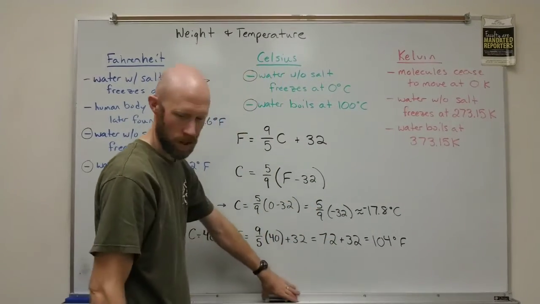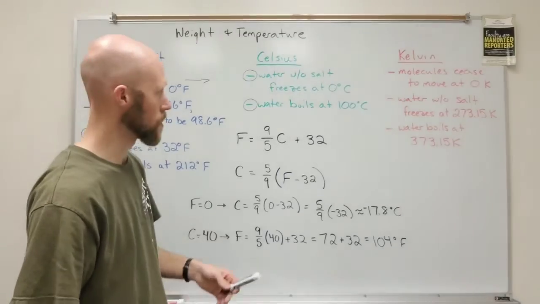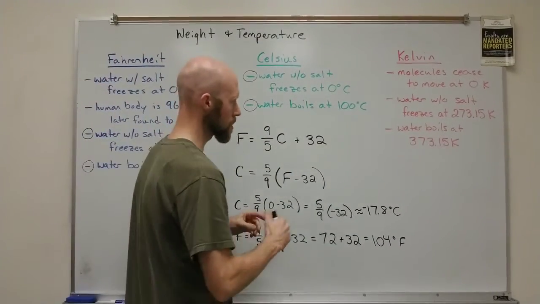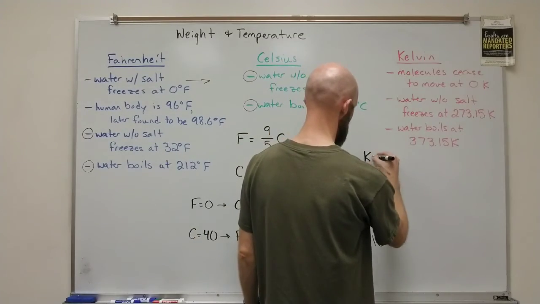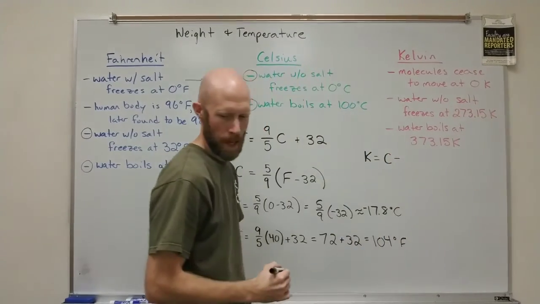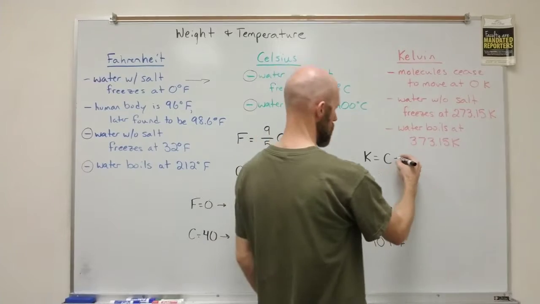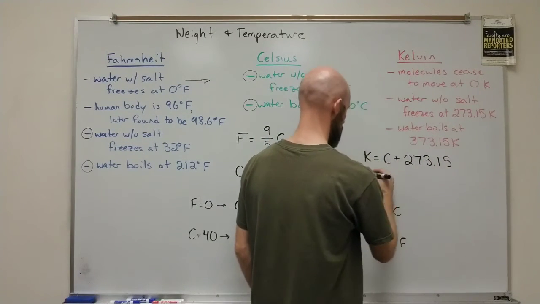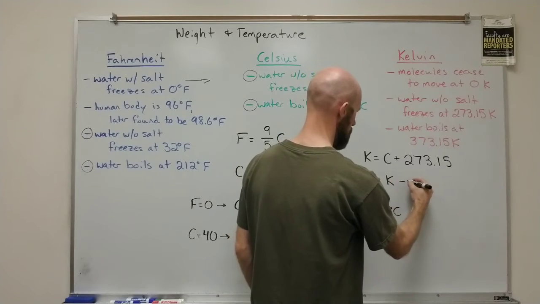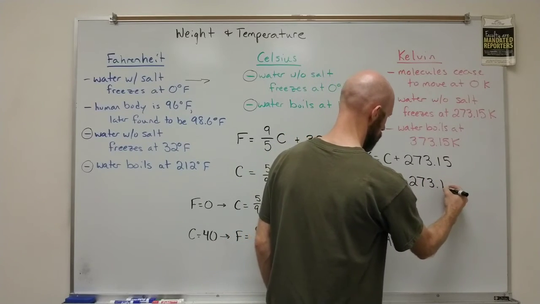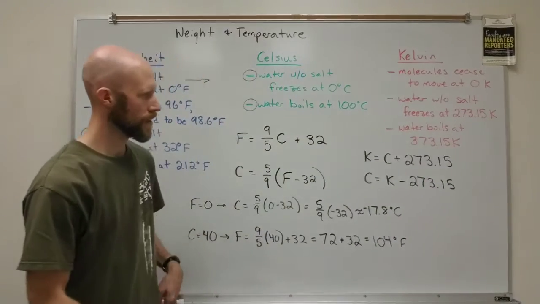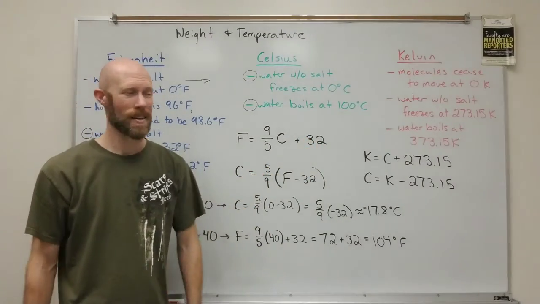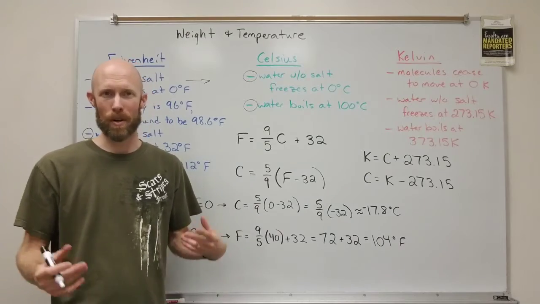And so the conversion formulas for Celsius to Kelvin and Kelvin to Celsius, we have K is equal to C plus 273.15, and C is equal to K minus 273.15. Okay, so those aren't too bad. All you have to do is either add or subtract to get to the other one.